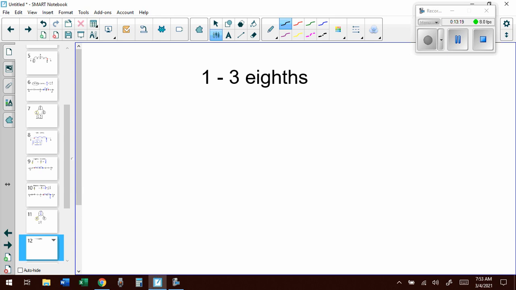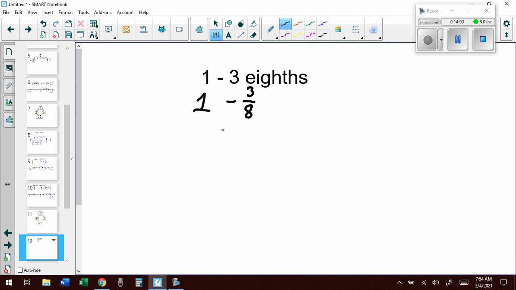Now looking at the same idea, but this time we're going to take a whole number and we're going to subtract a fraction. Our whole number that we're going to start with is 1. So we're going to be subtracting from 1. Subtracting fractions from 1. The first thing we need to do is write this out in fraction form. So we have 1 minus 3/8. So our denominator is 8.